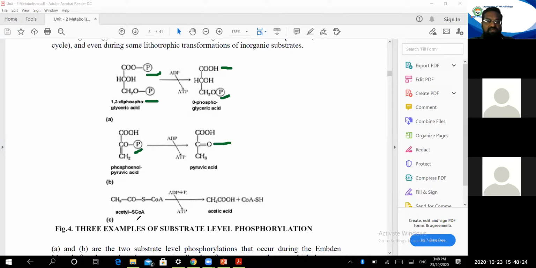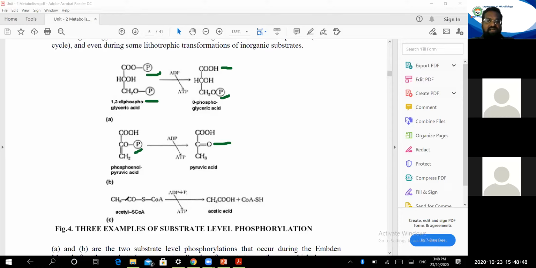Similarly, we see the third example, acetyl CoA. As such, you don't see any phosphorus group attached here, but acetyl CoA is a compound made with an acetyl group and coenzyme A, acetic acid and coenzyme A coupled together.